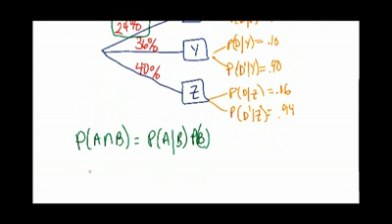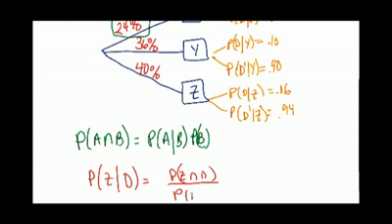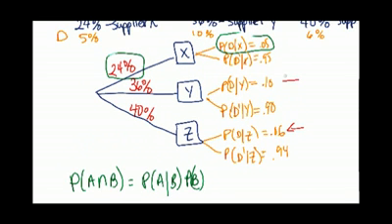Again, just write it in terms of a question. It would be the probability of Z given defective, and that would be the probability of Z intersection D over the full probability of defective. Well, the full probability of defective is all the conditions in which defective occurs. And these are the conditional probabilities, so it would actually be the product of each of those.